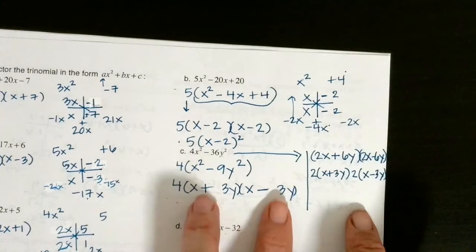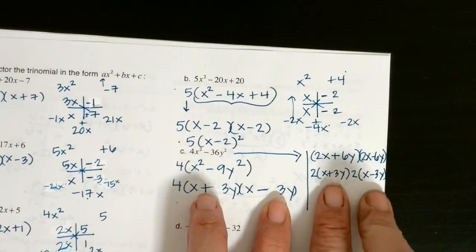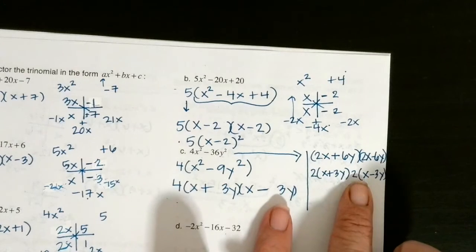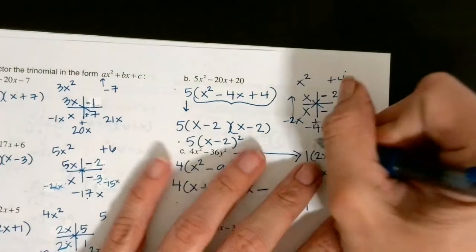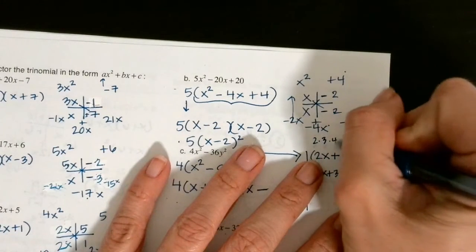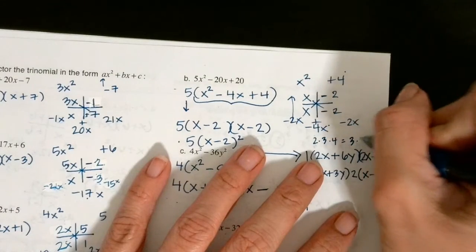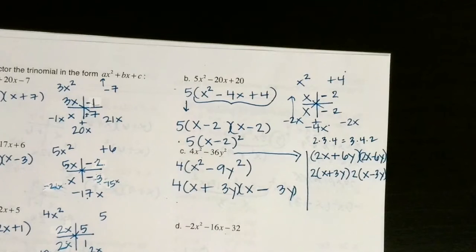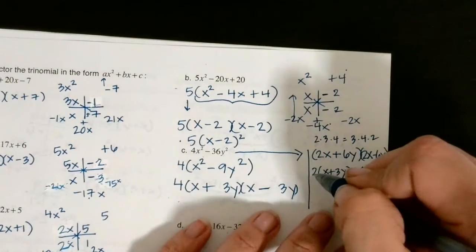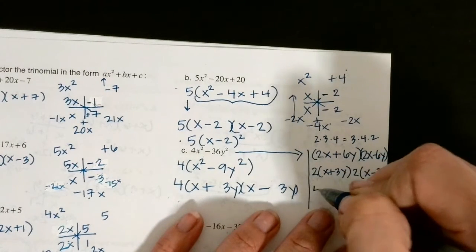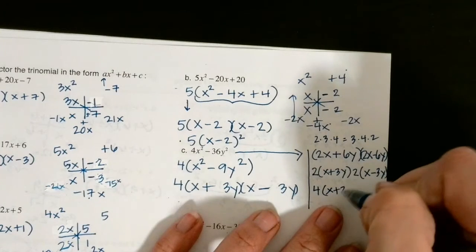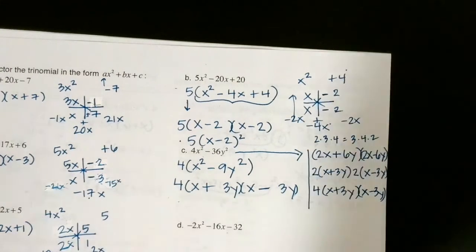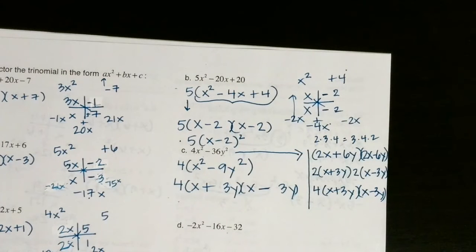So do you see my x plus 3y and x minus 3y there, but I have a 4? Well, what's 2 times 2? Remember in math, if you have 2 times 3 times 4, that's the same thing as 3 times 4 times 2. You can change the order when you're multiplying. It doesn't matter. They both equal the same thing. So if I put the 2 times 2 next to each other, that would give me 4. And then I can't simplify these factors, so they stay the same. Okay?